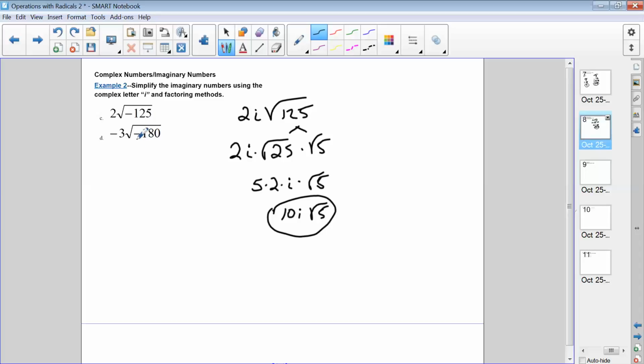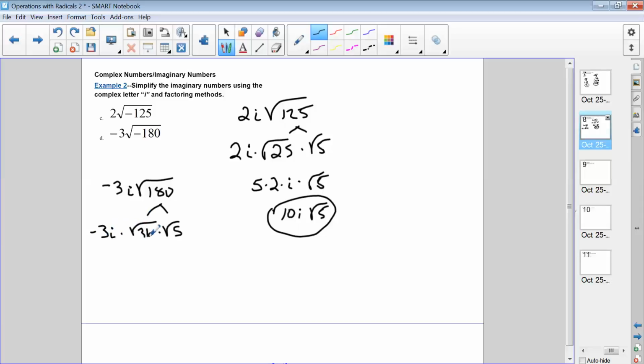With this one, again, we recognize a negative under the radical, so negative square root of 3 times i, and then the square root of 180. And if I factor that, I'm going to get the square root of 36 times the square root of 5. And I've got negative 3i multiplied by all of that.